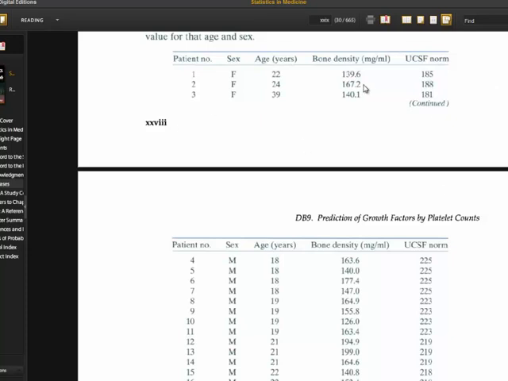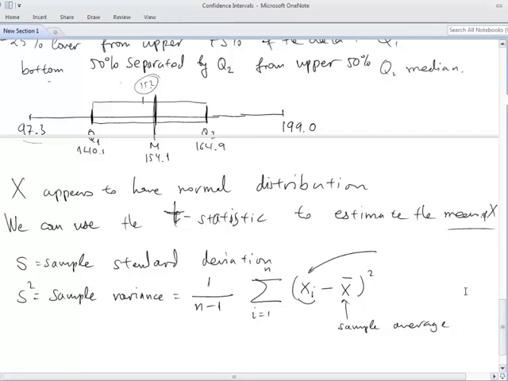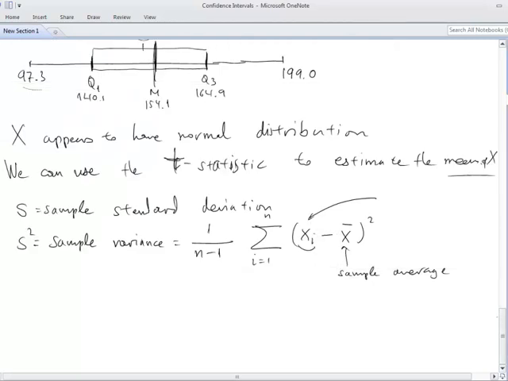A second realization returned the value 167.2 in bone density, and so forth and so on. So assume that all of these have been collected independently of one another, and all of them are representing this population: the bone density of people who fall into this particular category of patients.